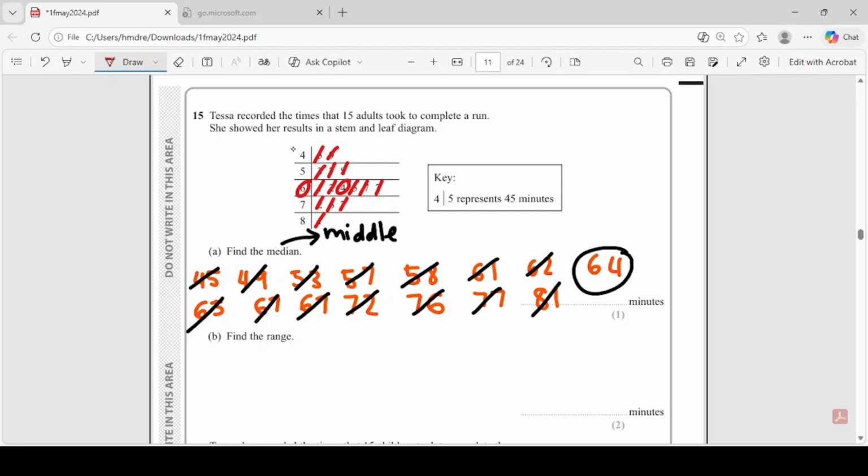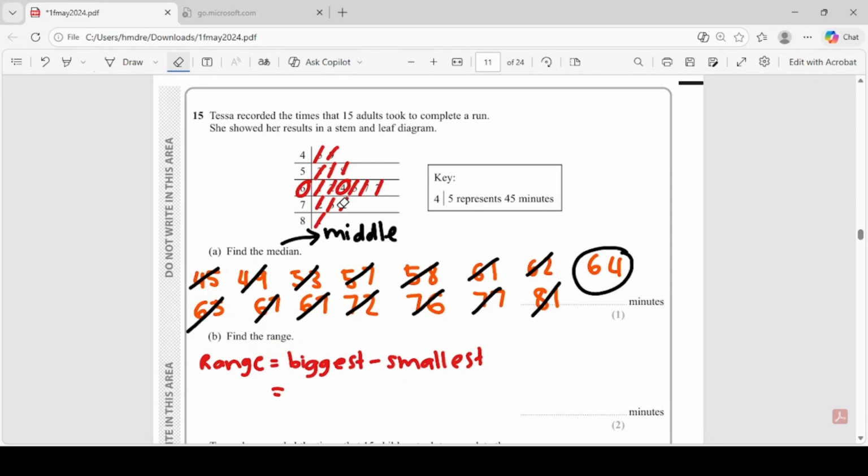Okay, find the range. So the range they're testing, do you know? So range is always the biggest minus the smallest. So in this case, our biggest number was 81.